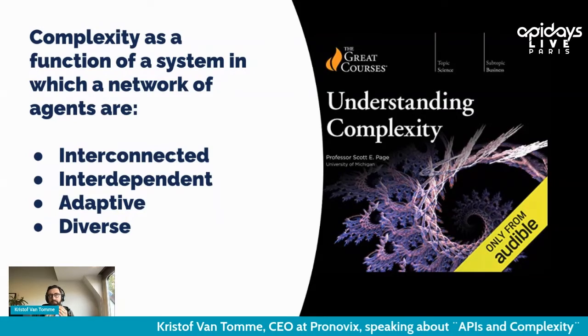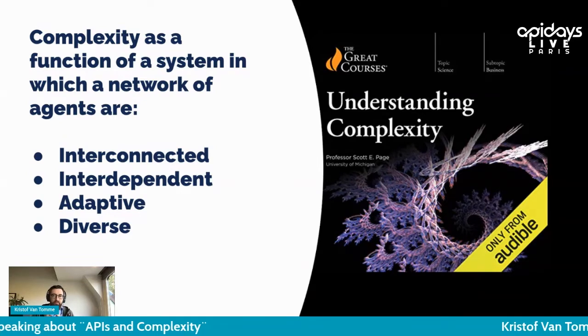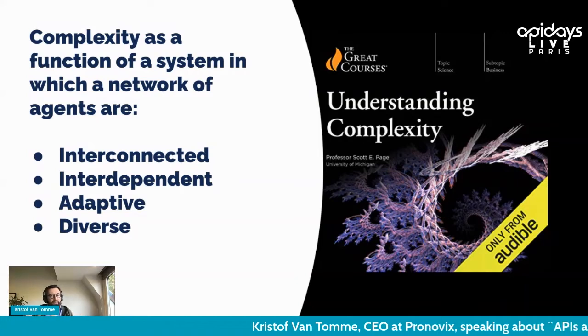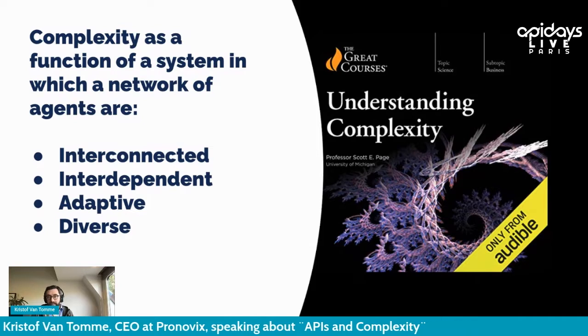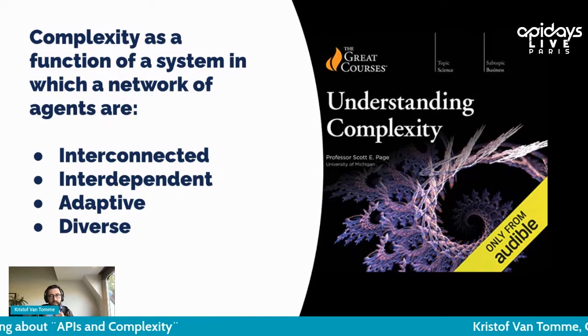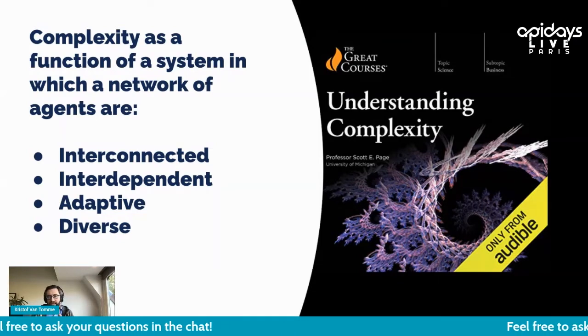that are important to create complex behavior of a system. So you have a system of connected agents that are interconnected, but not fully interconnected, so there are still some edges missing in the network. They are interdependent, but not fully dependent on each other, so there's still some semi-autonomous behavior. They are adaptive, but not just unthinkingly following each other or unthinkingly reacting; there's adaptation going on, but it's not instantaneous and complete.